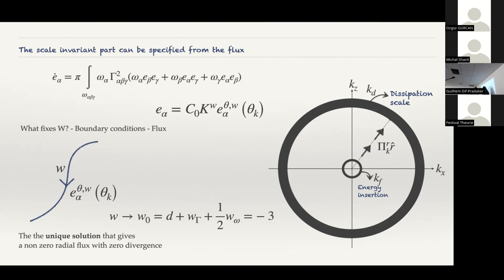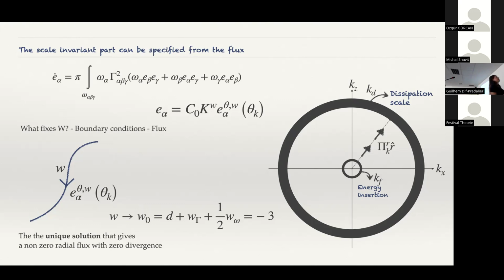And in our case, it gives us -3 here. So here I was relieved that at least from the flux, I can determine a unique power law. And this is the only power law that gives me a constant flux and gives me a solution that can correspond to turbulence.